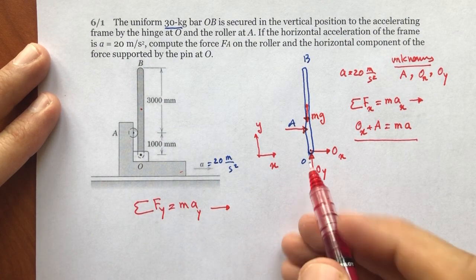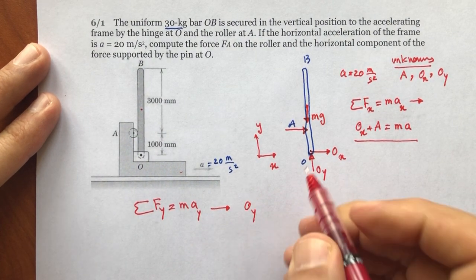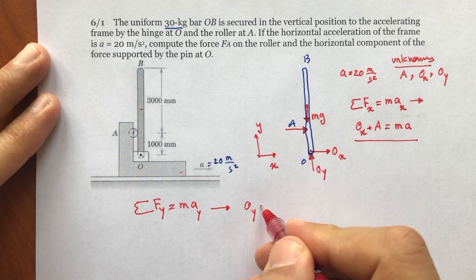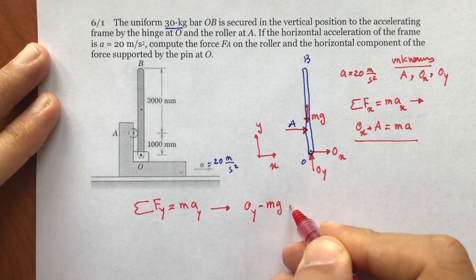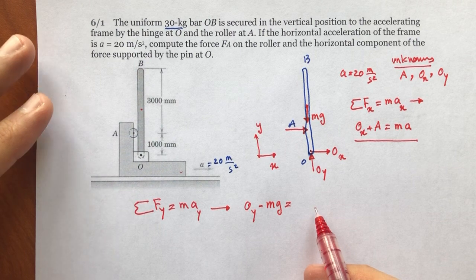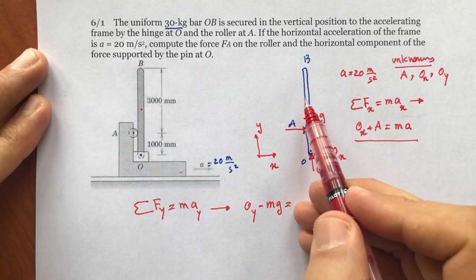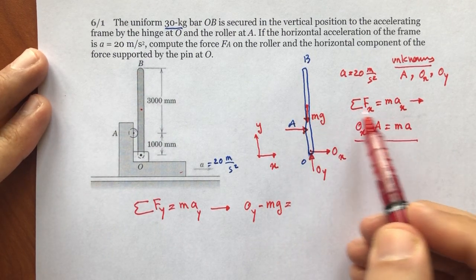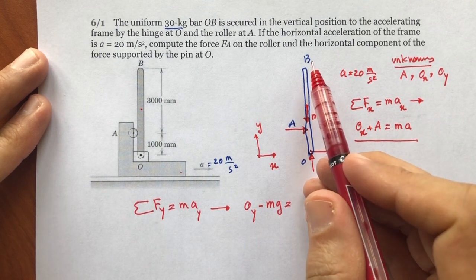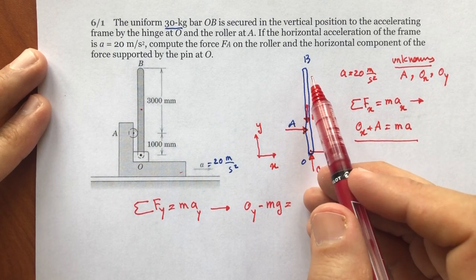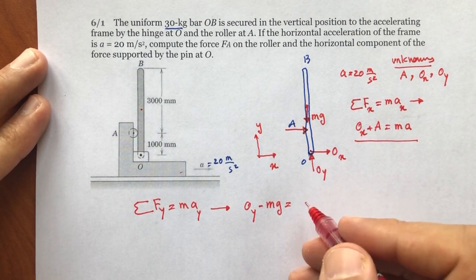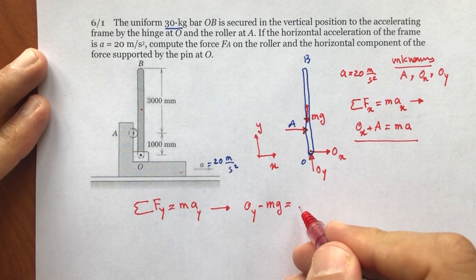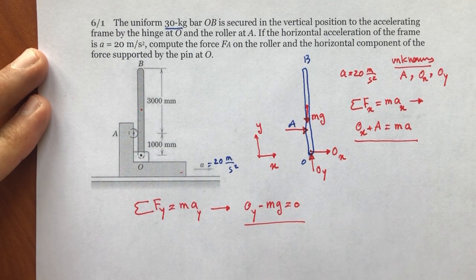We have OY in the positive direction and also mg in the negative direction, so OY minus mg is equal to mass times acceleration in the y direction. This part, as I told you, is moving purely in the x direction. So there is no movement, no velocity, no acceleration in the y direction. So it's going to be mass times 0. So it is 0. Second equation.